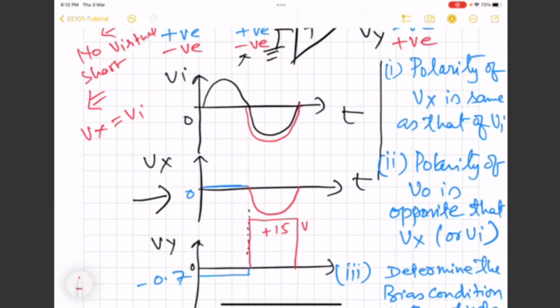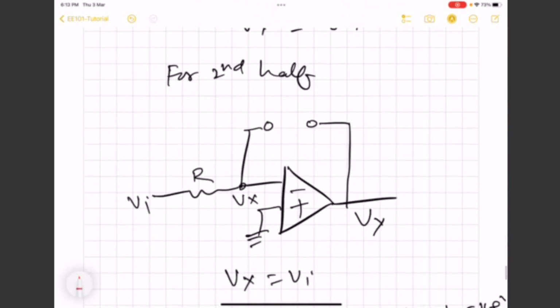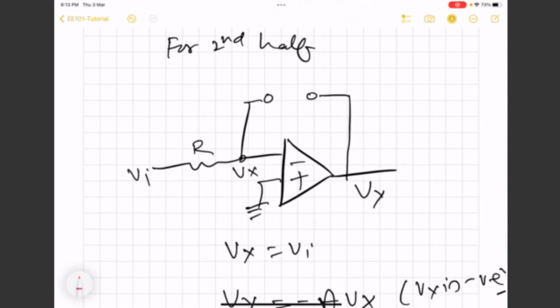Sir, in starting of this, you wrote Vx is equals to Vi down the page. Why Vx is equals to Vi? Here you see that in this circuit, what will happen? This is open. So this current will be 0, right?